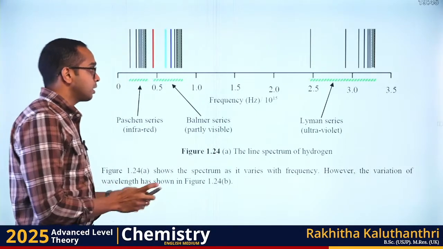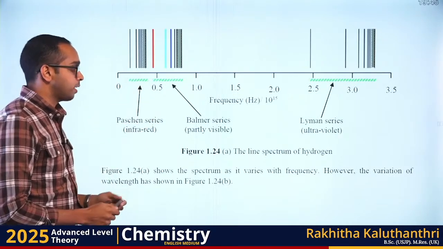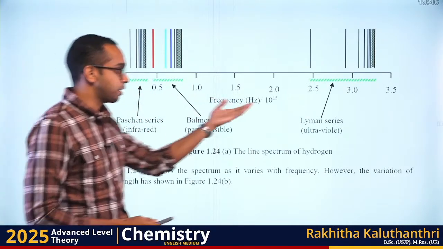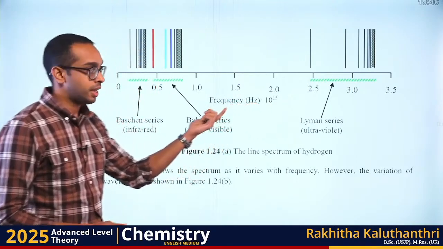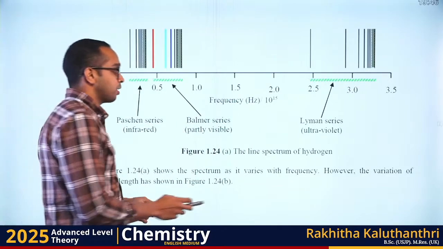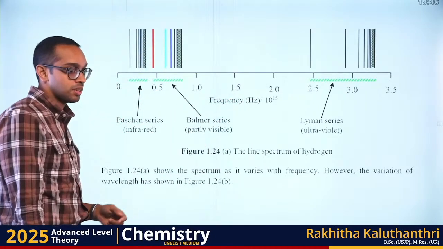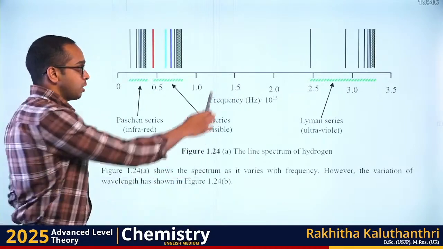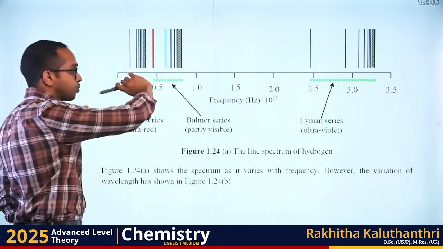You can see there are a few lines between 0 and 0.5 here, and this is frequency, taken as 10 to the power 15 per second, or hertz. So whatever values are here should be multiplied by 10 to the power 15. Towards the right hand side we have larger frequencies, towards the left hand side we have smaller frequencies.